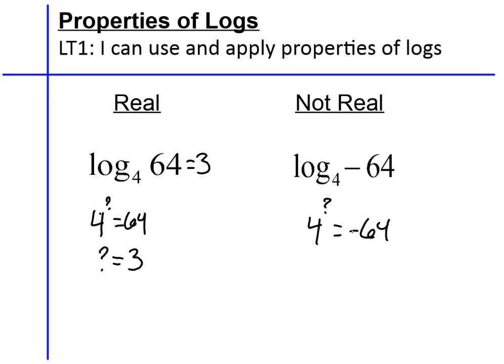So there is no possible way for us to actually come up with an answer for the question mark. And because of that, this is impossible. It's not real. There is no number that can go here, okay? So don't ever try to do a log of a negative number.